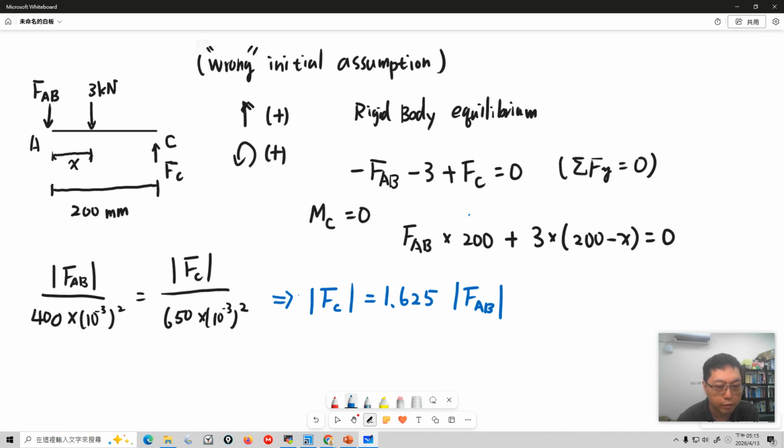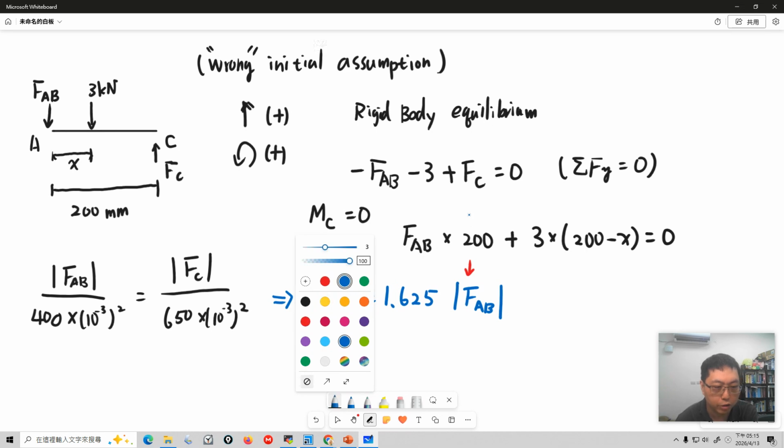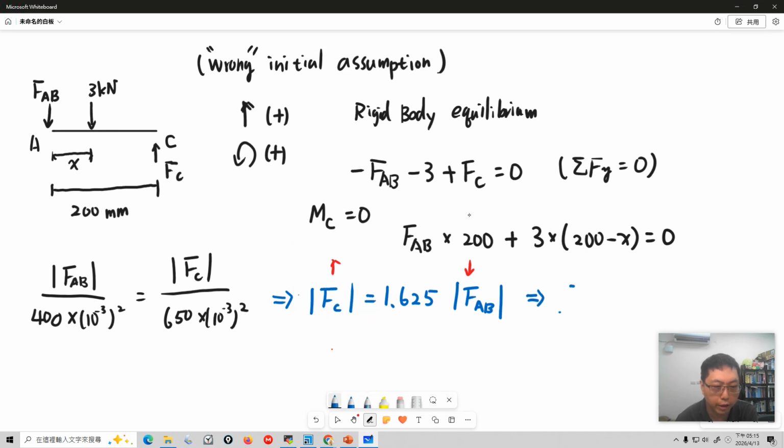So if we want to abandon the absolute value, we have to be careful, because force C points up, force AB points down. So this will give you FC is minus 1.625 FAB, because this force we initially assumed is in the opposite direction.